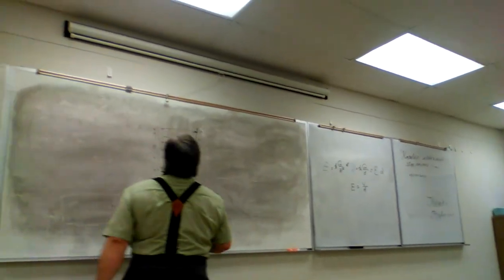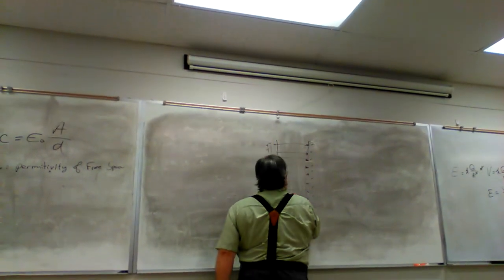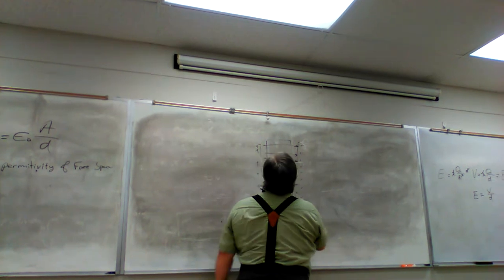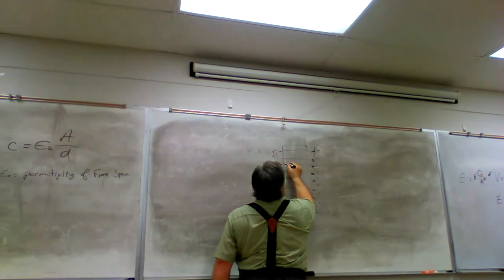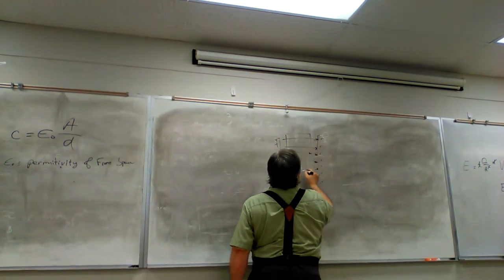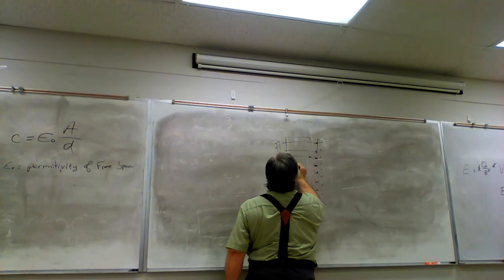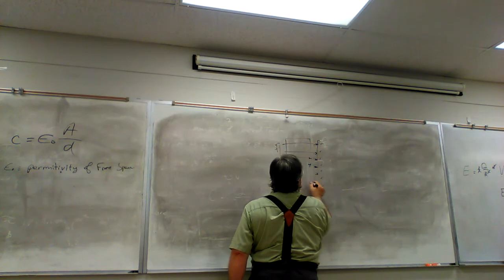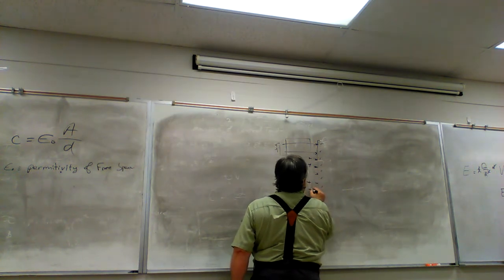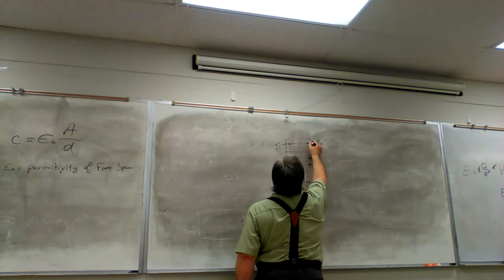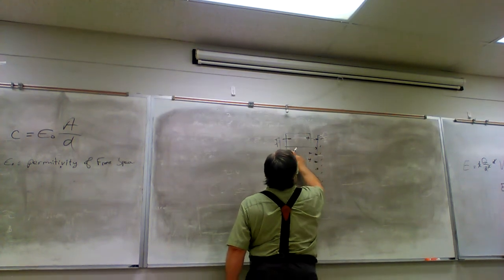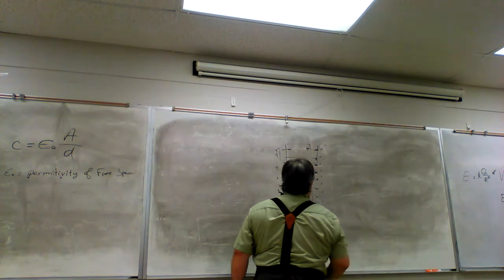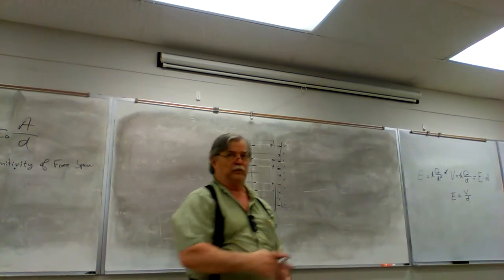But when you put in a dielectric, like so, in general, some of the lines are going to be interrupted. The point is that not all of the E field lines will pass through the dielectric.